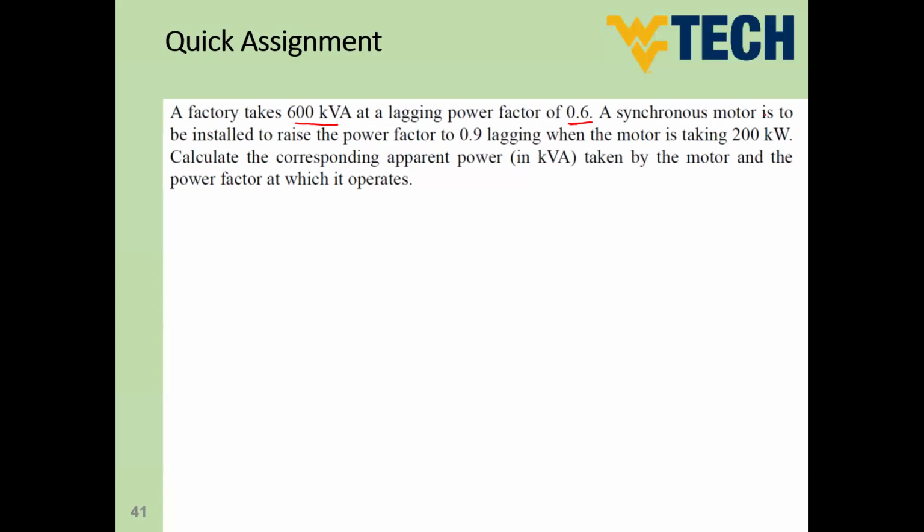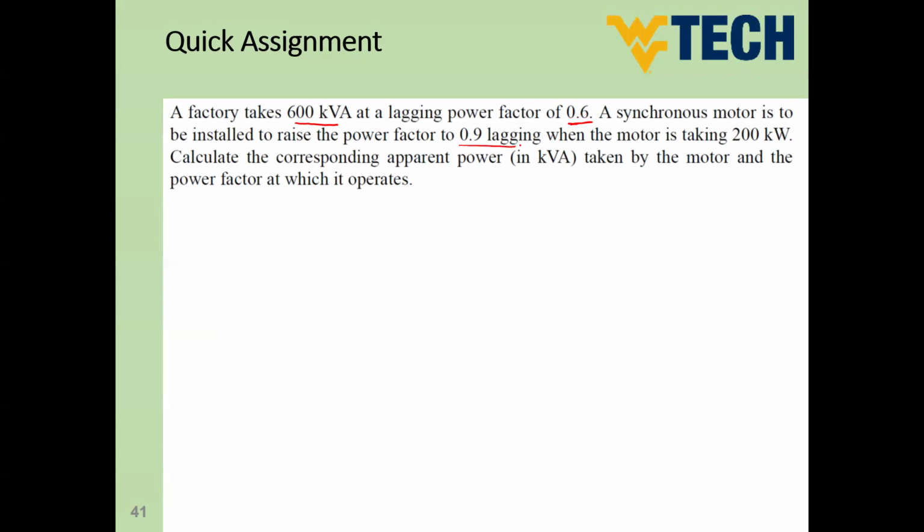A synchronous motor is to be installed to raise the power factor to 0.9 lagging. So it has been decided to have a synchronous motor to be installed in order to improve the overall power factor of the factory to 0.9 lagging instead of 0.6 lagging.